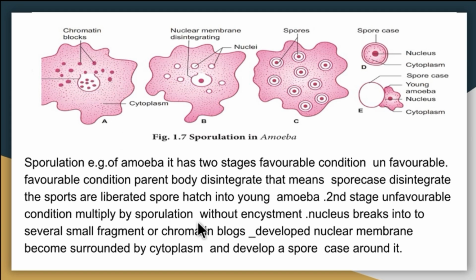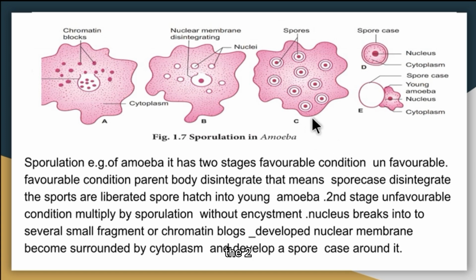And then a nuclear membrane develops at this stage. The nuclear membrane disintegrates, and each nucleus becomes surrounded by cytoplasm. After formation of the nucleus, the cytoplasm surrounds it and develops a spore case around it.